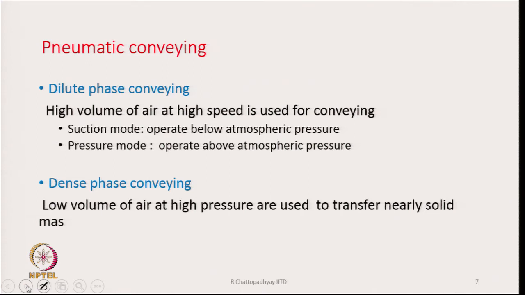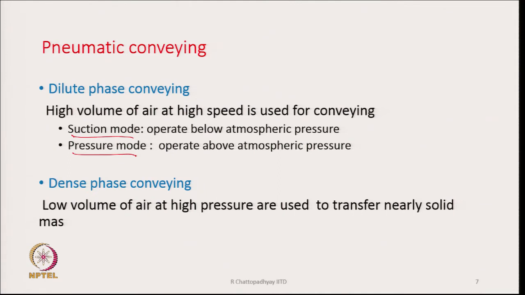In dilute phase, high volume of air at high speed is used for conveying the material, and within this also there could be two modes, suction mode and pressure mode. So, suction mode operates below atmospheric pressure and pressure mode operates above atmospheric pressure.